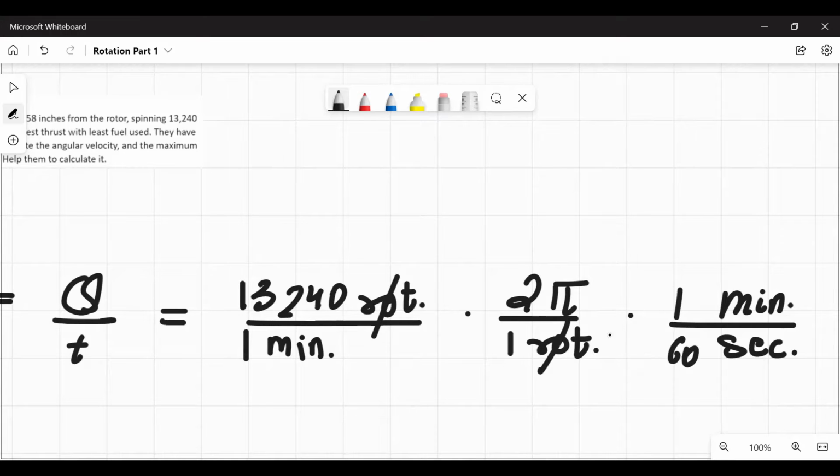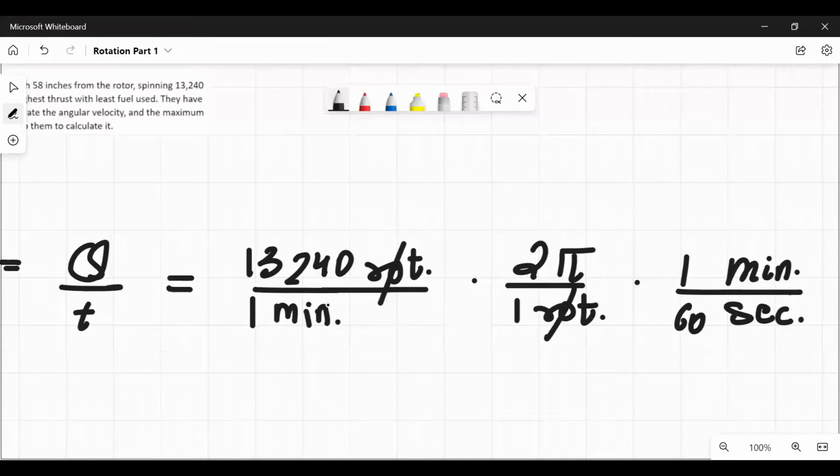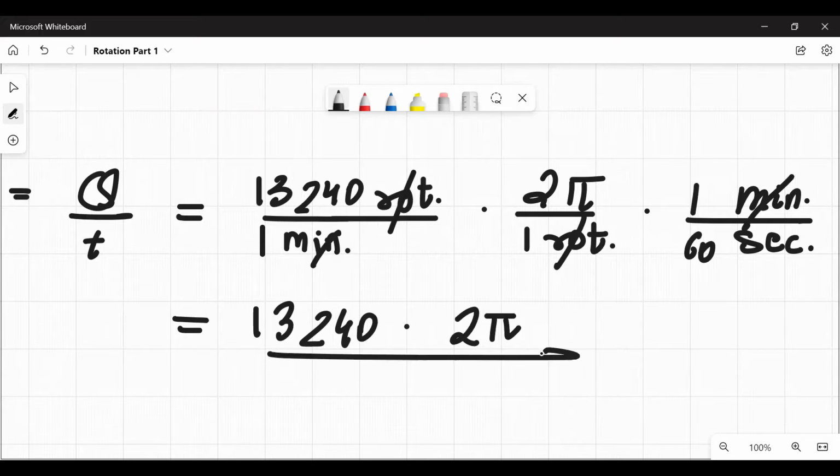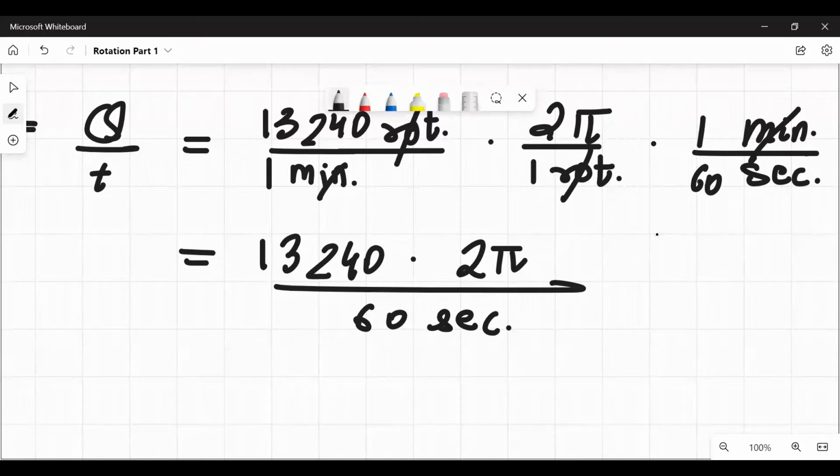So 1 minute cancels out, and what we are left with is 13,240 times 2 pi all over 60 seconds. Now 2 pi is radians, of course, so we're going to write that.